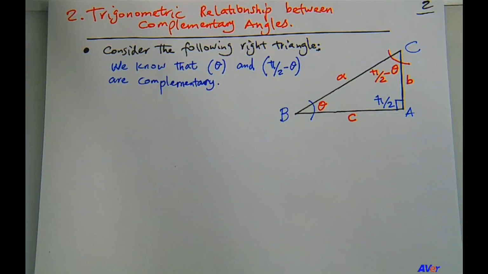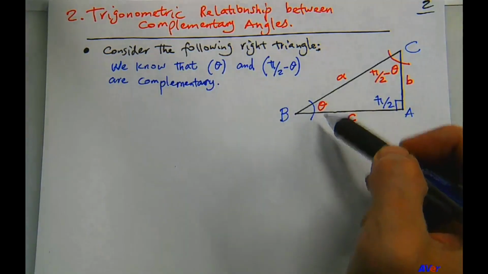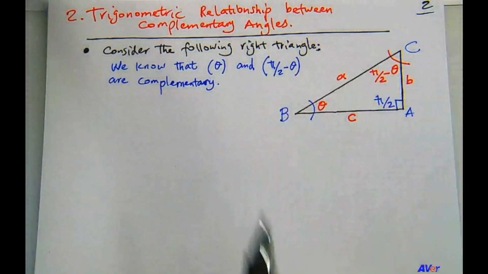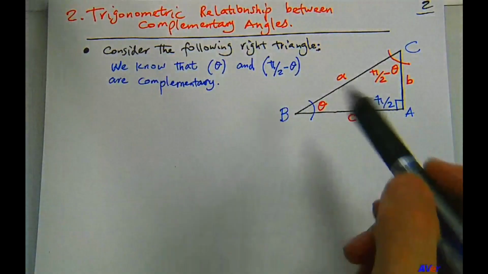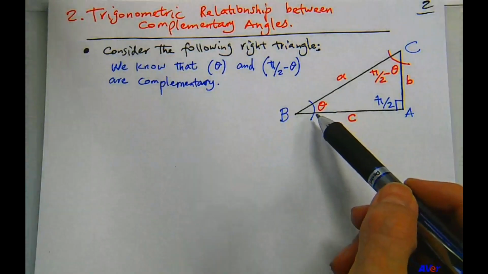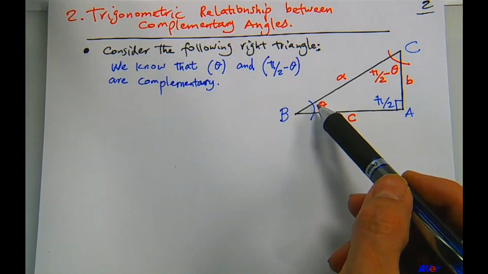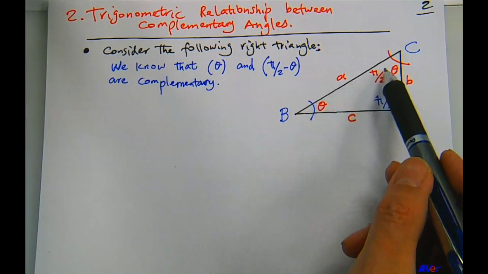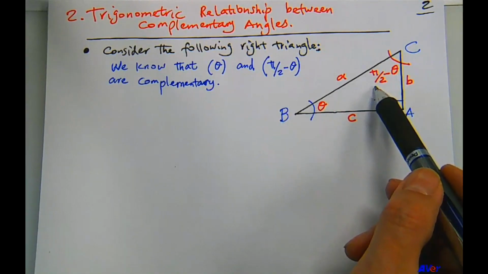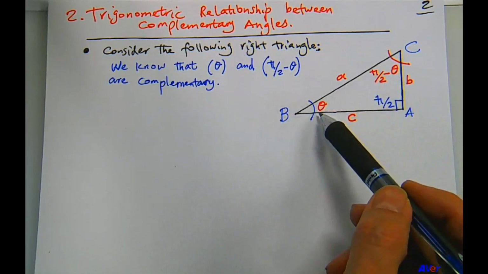So what I'm going to do is, given this right triangle, write down the basic trigonometric functions for this theta angle and this pi over 2 minus theta. So we have the 6 basic trigonometric functions, right?